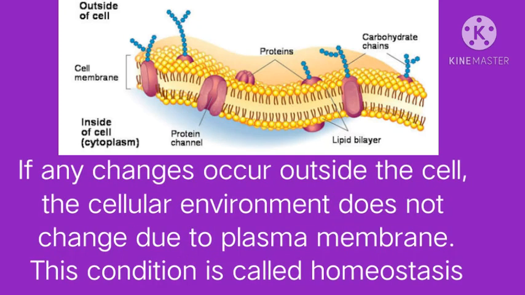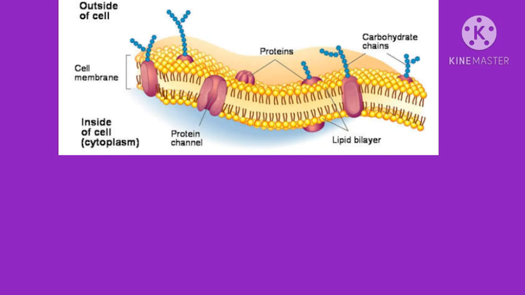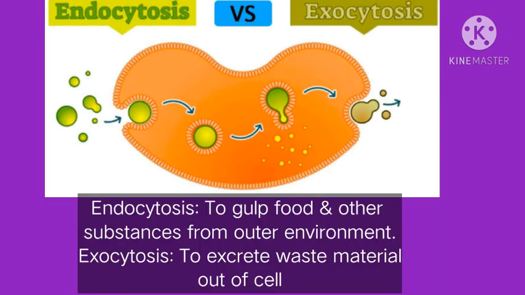If any changes occur outside the cell, the cellular environment does not change due to plasma membrane. This condition is called homeostasis. Activities that consume cellular energy: first one, endocytosis, means to gulp or engulf food and other substances from the outer environment.